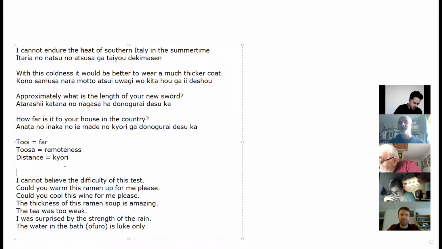Remoteness, to me, literally in a physical way, would simply be something which can be expressed in a distance. It's a bit like the difference between temperature and the hotness of Italy, for example. Temperature is ondo. It can be cold, it can be hot. There's no kind of extremity to it. It's just simply a scale. There are also extremities to temperature, yeah, of course, but it could be in either direction.